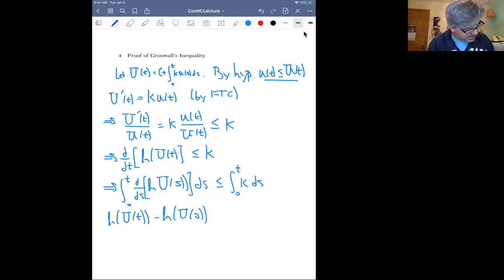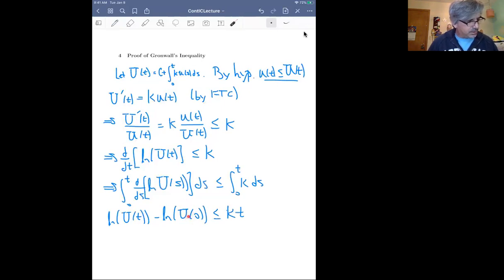And that is less than or equal to, integrating the right-hand side, I simply get kt. So let's think about what capital U of 0 is.